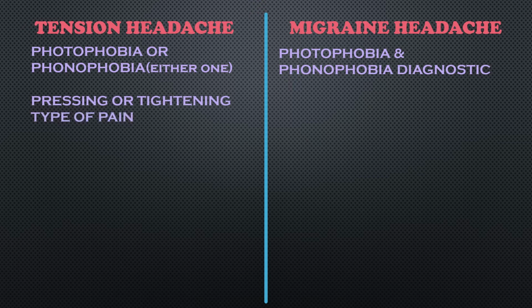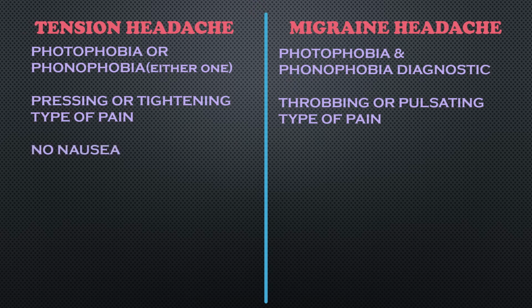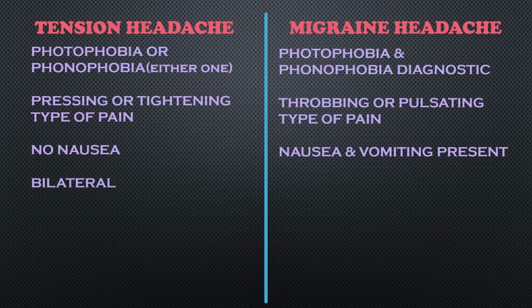There is a pressing or tightening type of pain in tension headaches, whereas throbbing or pulsating pain in migraine headaches. Tension headaches never come with nausea, unlike migraine headaches, where nausea and vomiting are mostly present. Tension headache affects both sides of the head, that is bilateral, on the contrary to migraine headache, where the pain is unilateral.